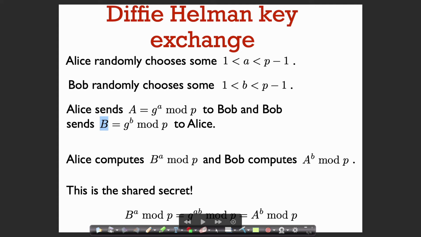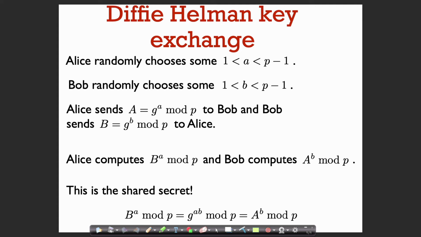He takes the value that he received from Alice, capital A, and raises it to his secret value, b, modulo p. And now the very cool thing is that capital B to the a mod p is equal to capital A to the little b mod p. They're both just equal to g to the power a times b modulo p.